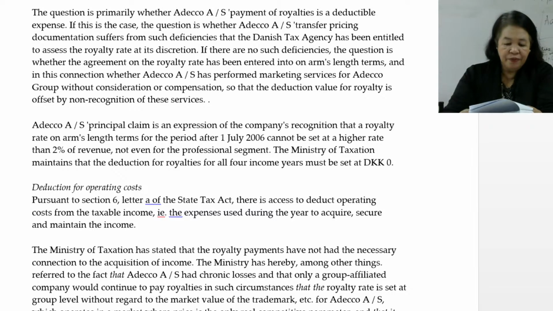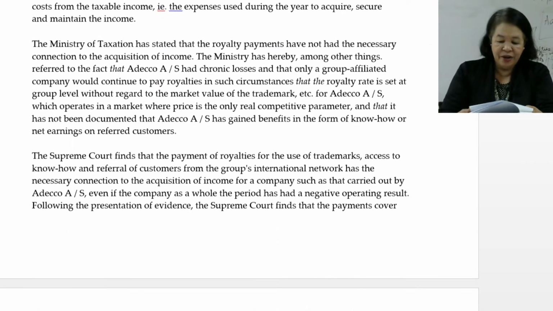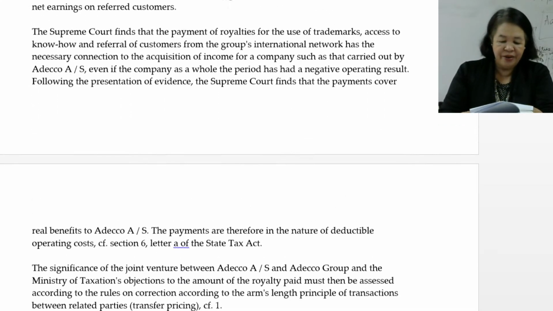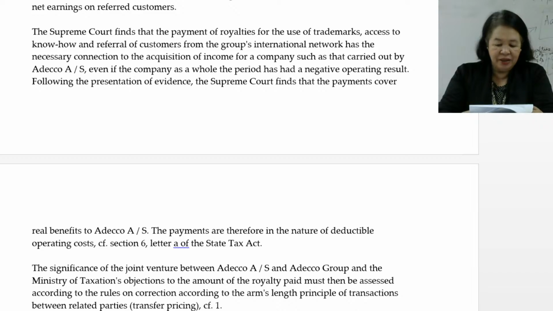The Supreme Court finds that the payment is for the trade of customers from the group's international network has the necessary connection to the acquisition of income for a company such as that carried out by Adecco AS, even if the company as a whole, the period has a negative operating result.